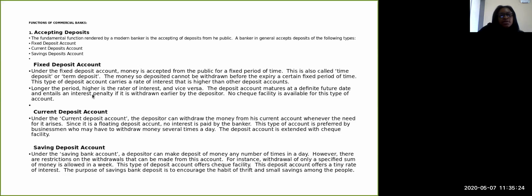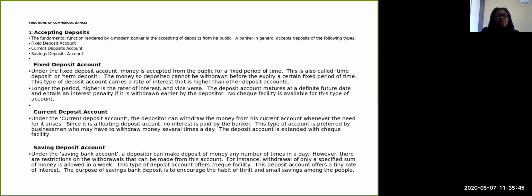Then the next account is the current deposit account. Under the current deposit account, the depositor can withdraw the money from his current account whenever the need arises. This is different from the fixed deposit account.